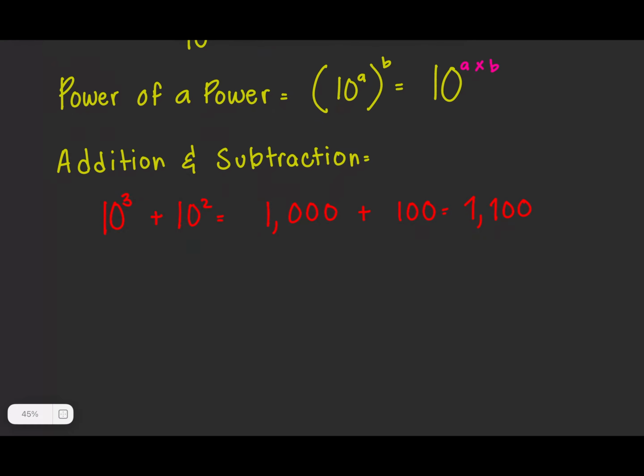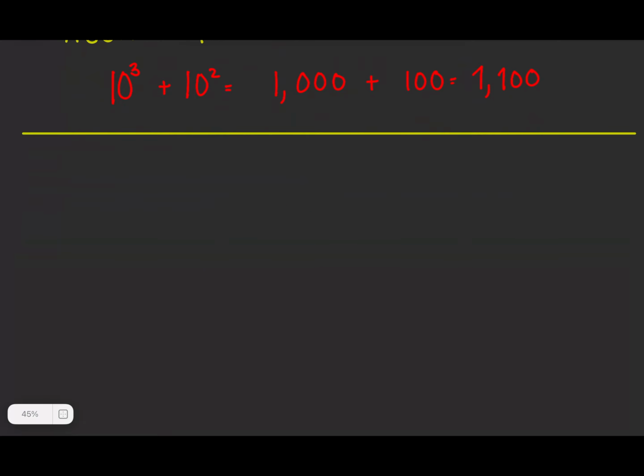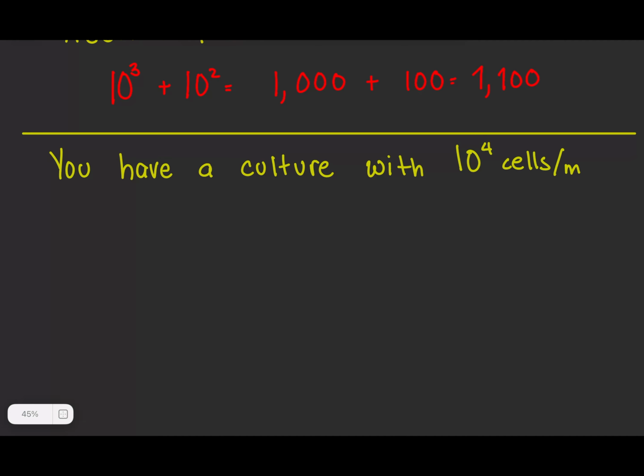So let's go through a real world example that you might see on a biotechnology test. So you have a culture with 10 to the 4 cells per milliliter, and you need 10 to the 3 cells for your test.